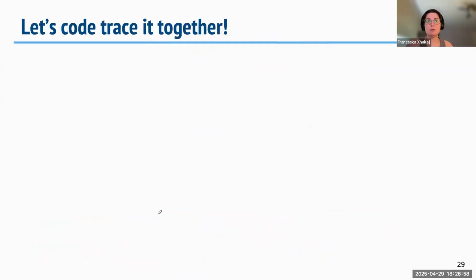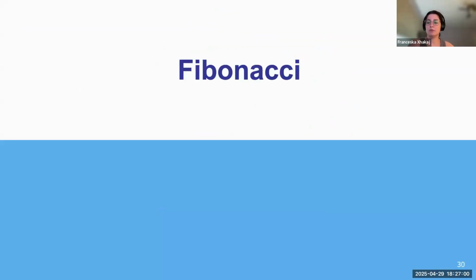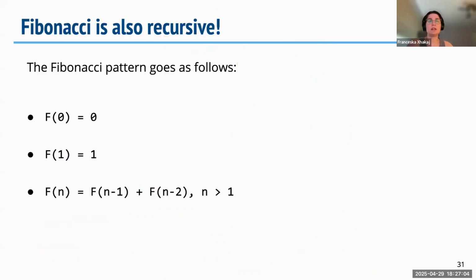Let's look at the second example. Fibonacci numbers, again, from the math domain. They are recursive. If you're familiar with Fibonacci numbers, Fibonacci of 0 is 0, Fibonacci of 1 is 1. And for every number after that, Fibonacci of a given number, for example, Fibonacci of 5, is equal to Fibonacci of 4 plus Fibonacci of 3. As you can see, this very easily breaks up into the base case.